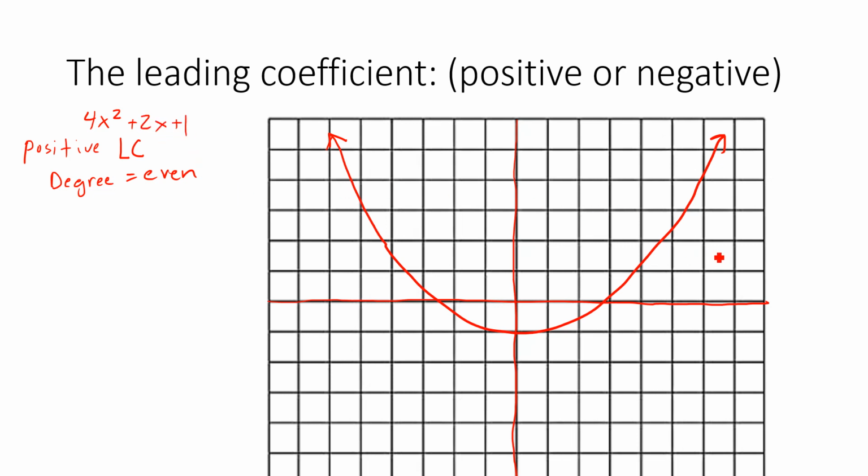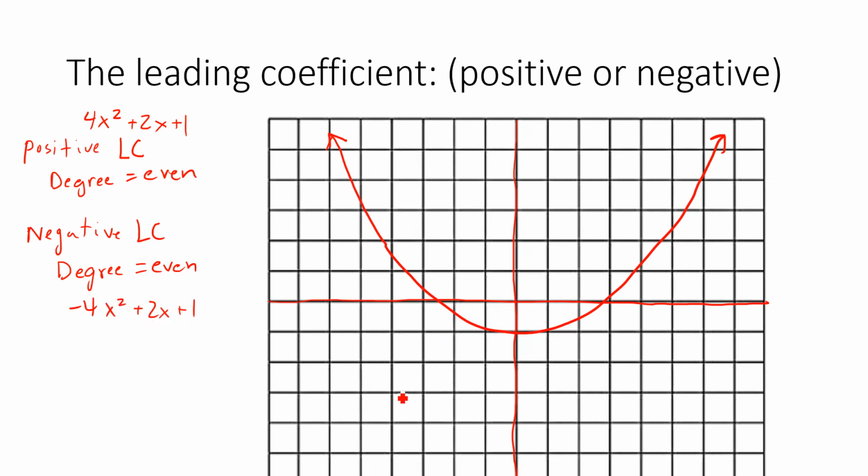This is what it might look like. Now let's say we had a negative leading coefficient with a degree that's still even. An example of this could be something like negative 4x squared plus 2x plus 1.